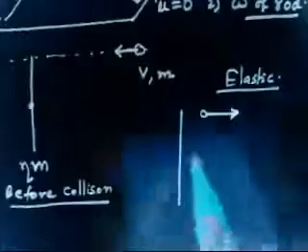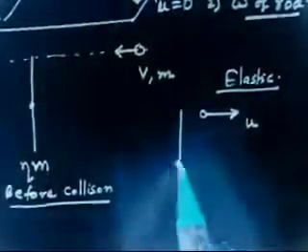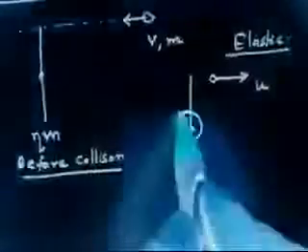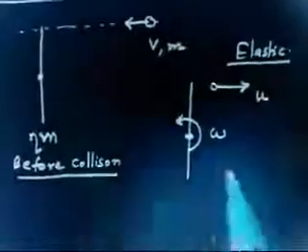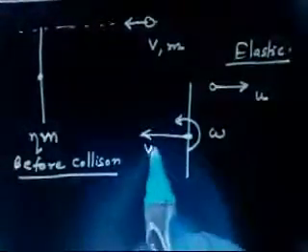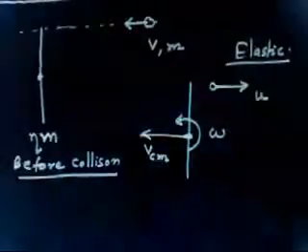Let us say the disc is going away, returned with velocity u. This rod now will have two kinds of tendencies. There is a torque acting here, so this rod will start rotating with angular velocity omega. The rod will also move, so let us call the velocity with which the center of mass is moving V_CM.